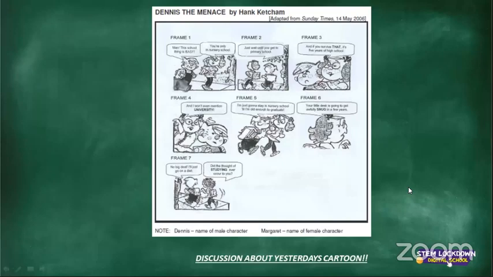Okay, how does Dennis' mood change from frame 1 to frame 3? I think we answered that yesterday. He was happy and confident in frame 1, and he then became disappointed and almost disinterested in frame 3.